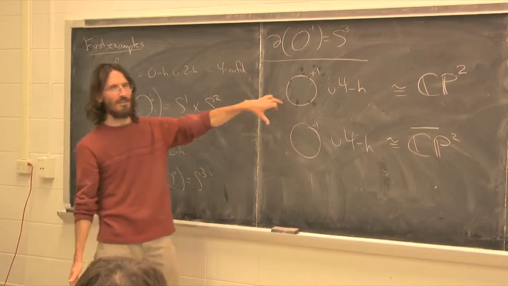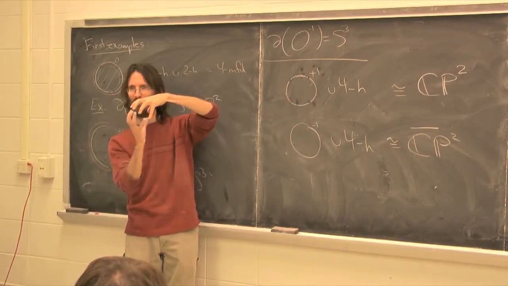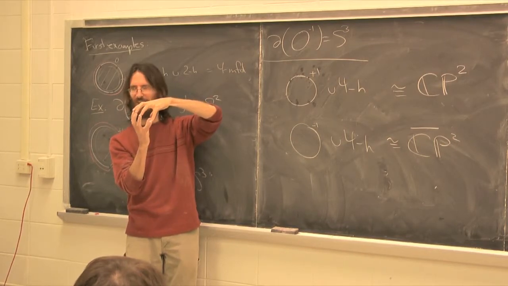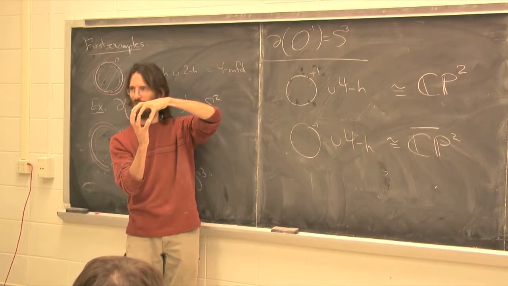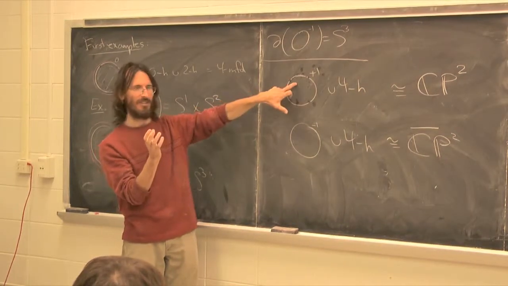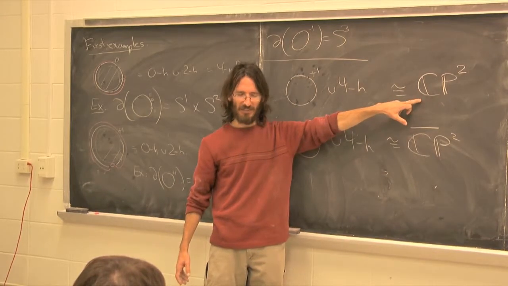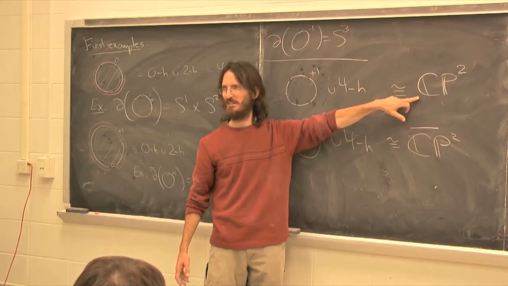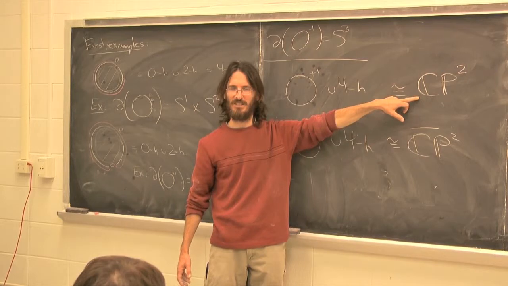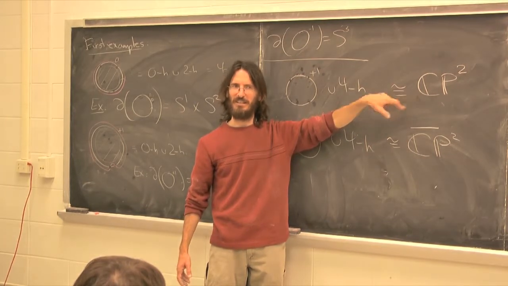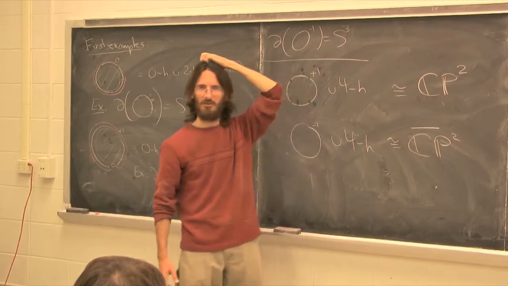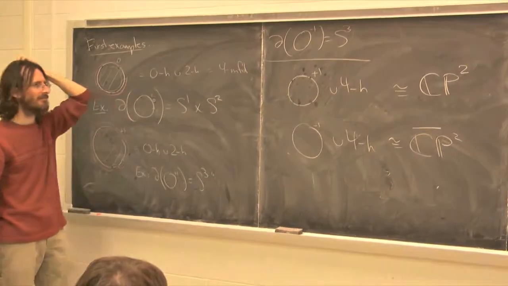So this sphere, if I push it off itself, has to intersect itself at one point, and that will be a positive intersection. For those who know, this almost characterizes complex projective space: it has this sphere inside it that intersects itself once. But we'll do that later.